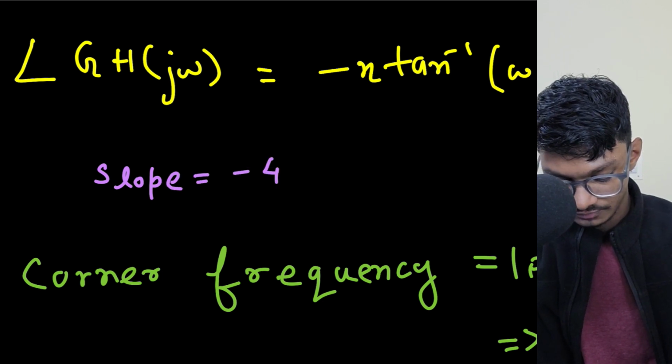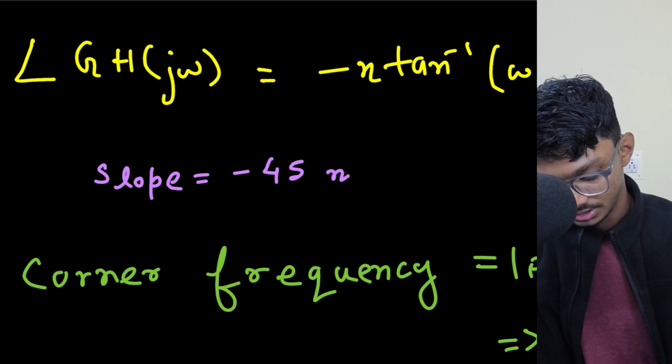The slope becomes minus 45 times n degrees per decade.